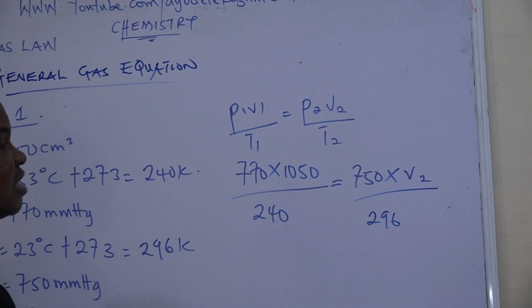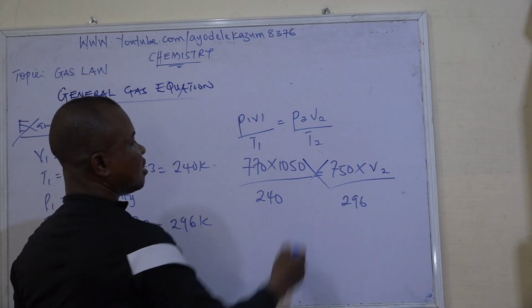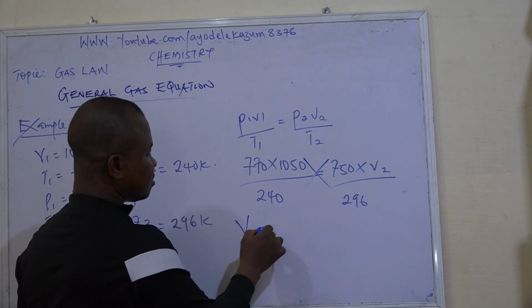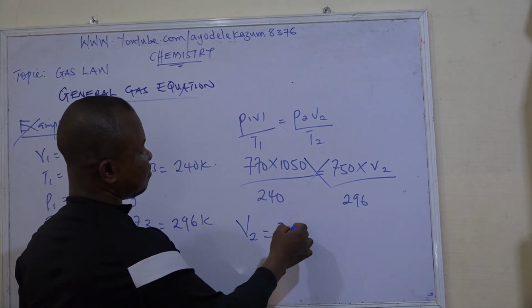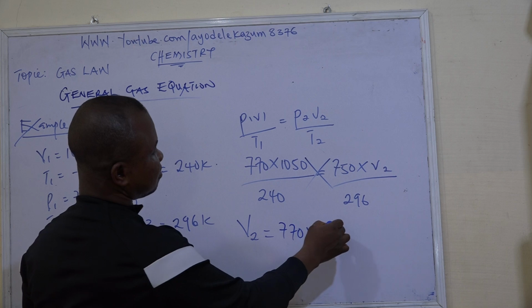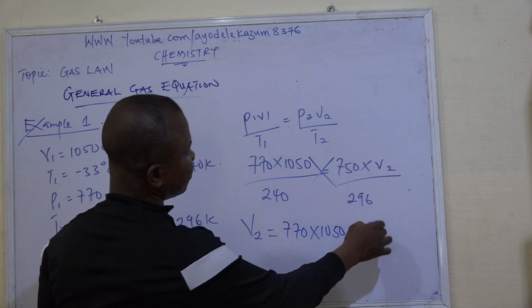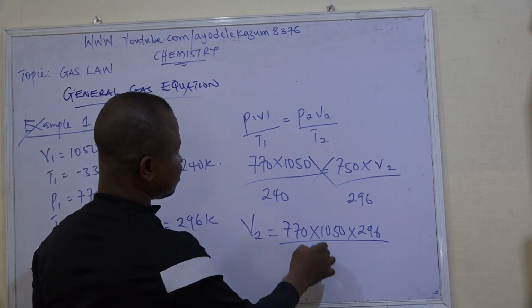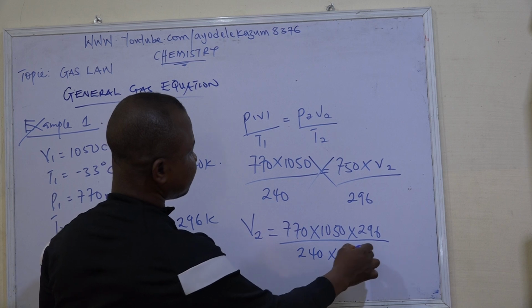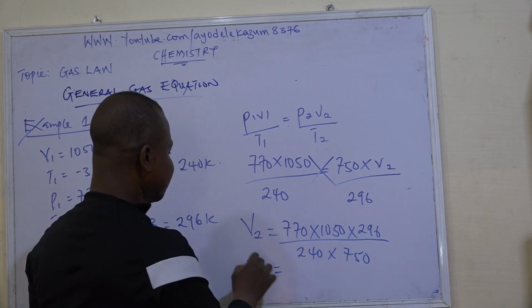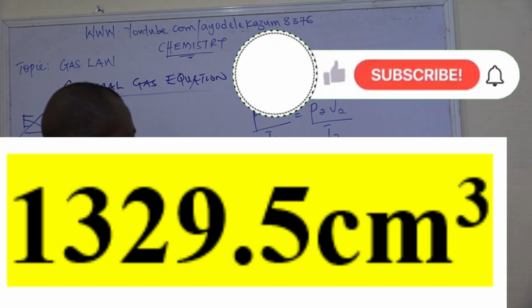Now in doing this, you're going to cross multiply. In cross multiplying, you're going to have V2 equals 770 times 1050 times 296 divided by 240 multiplied by 750. So let's take your calculator.